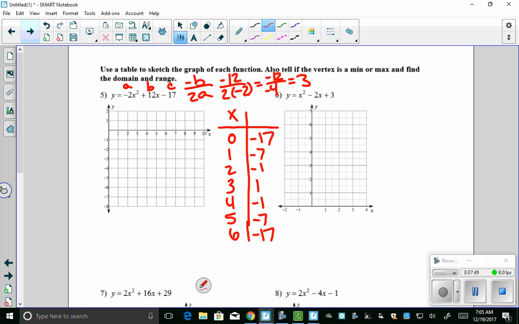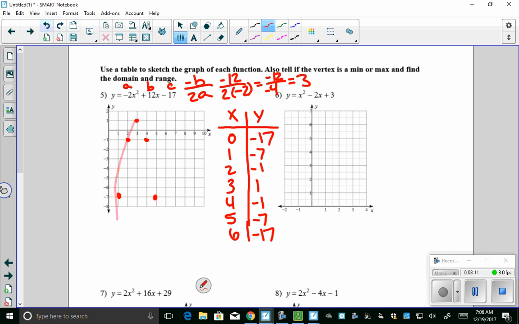Plot your points. (0, -17), I can't graph. But I can graph (1, -7), (2, -1), (3, 1), (4, -1), and (5, -7).